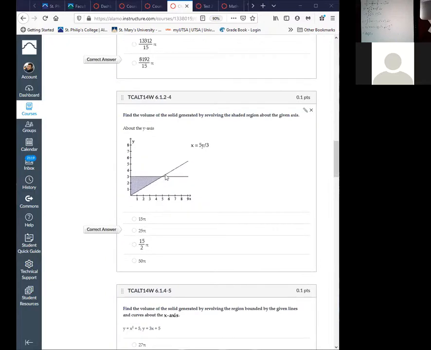So let's see here. This guy, you could easily do shell or disk. Doesn't matter. They're rotating about the y-axis, so it's going this way. So if I were to slice up and down to get dx, I would have to solve for y.